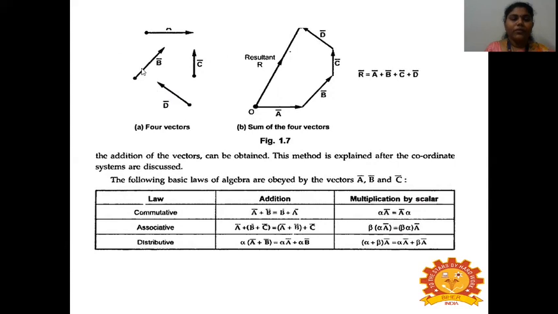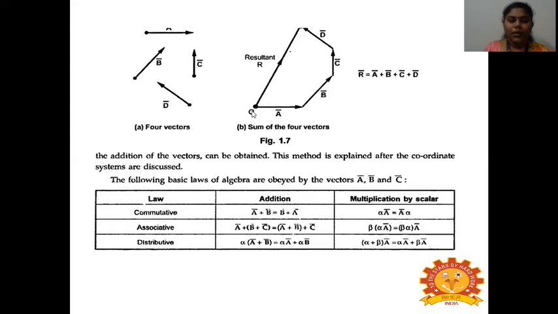Then we have to join the B vector to the head of the A vector. The tail of the B vector has to be joined to the tip, the head, of the previous vector, the A vector. Similarly, join the C vector to the head of the B. Next we are going to add the D vector, that is we join the D vector to the head of the C vector.